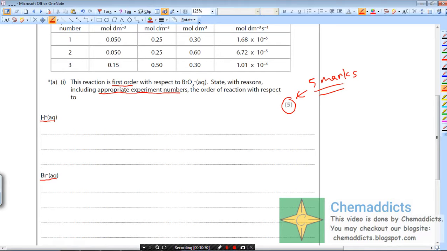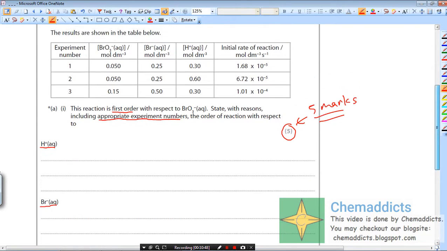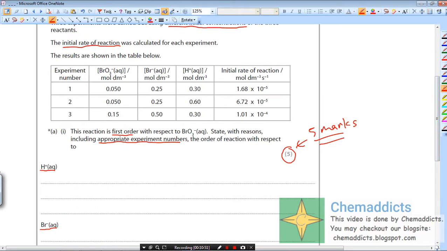At first let us read the question. This reaction is first order with respect to bromate 5. State with reasons, including appropriate experiment numbers, the order of reaction with respect to H plus ion and bromide ion. We have noticed that these are reactants, these are not products, so the order of reaction is always meant for reactants.